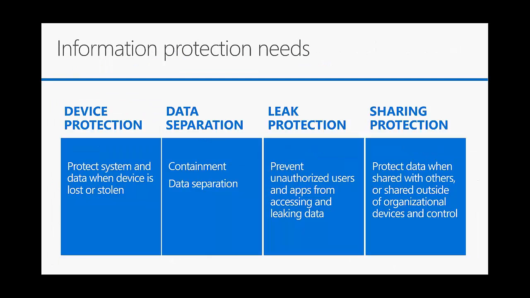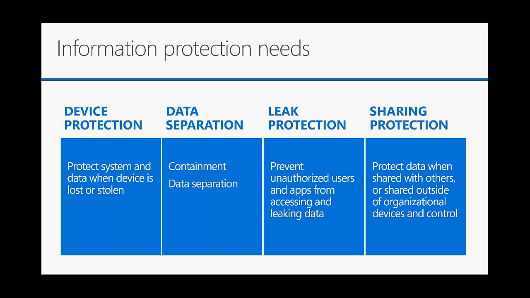Information protection. I'll reiterate, it's basically protecting the system and the data within a device when it's lost or stolen. Microsoft, of course, has BitLocker, which they had on earlier versions of Windows, where you encrypt the hard drive and secure it. You can also manage it with the Microsoft BitLocker Administration and Monitoring console, which was a benefit through Software Assurance, and now it's just a Software Assurance benefit to use.